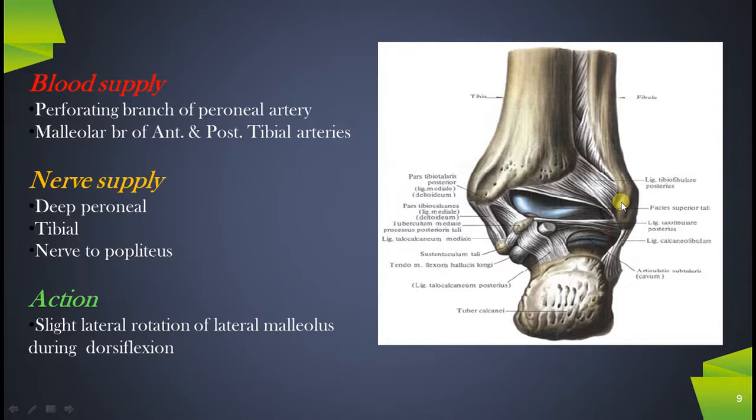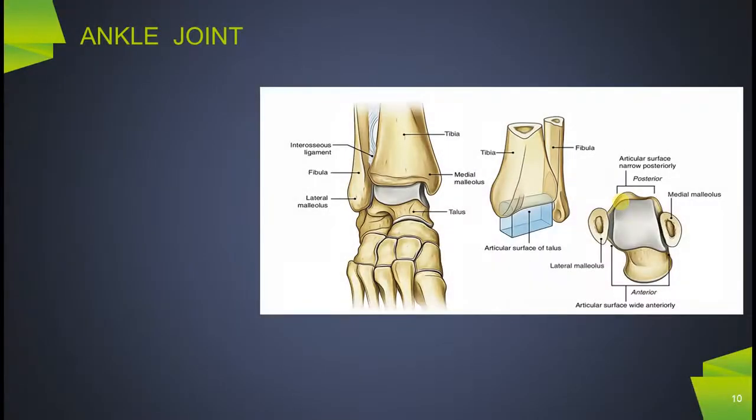Gliding movements occur in the superior tibiofibular joint during dorsiflexion of the ankle joint. So that is about the inferior, superior and middle tibiofibular joints.